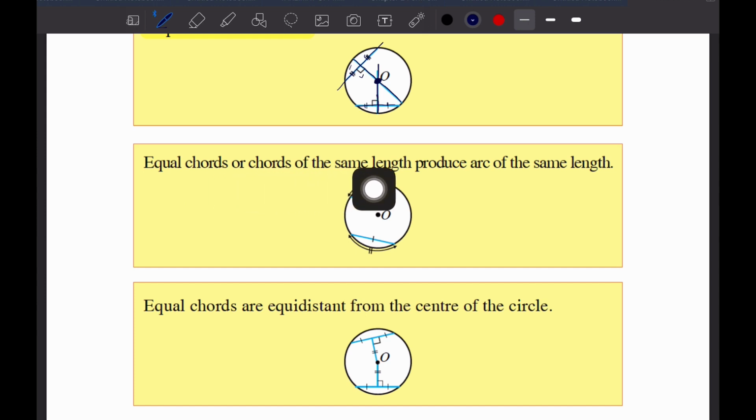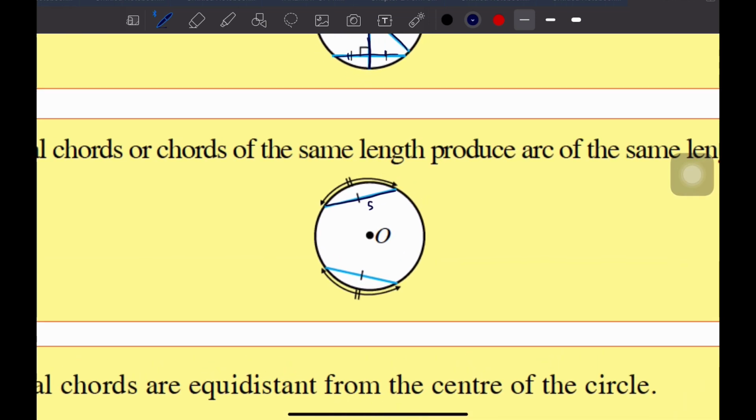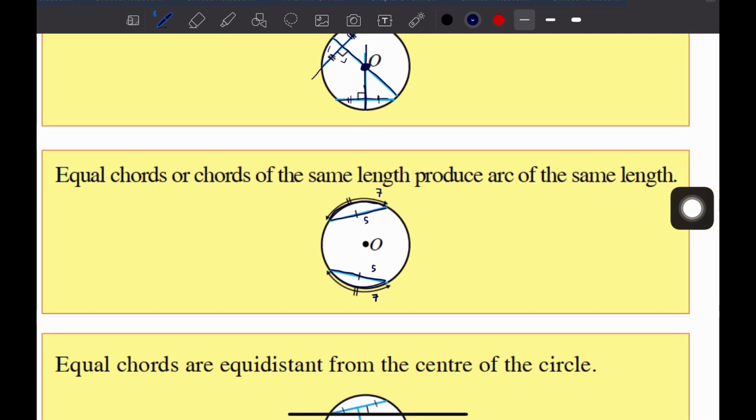Equal chords, or chords of the same length, produce arcs of the same length. Maksud dia, for example, you have this chord of length 5, and you have this arc of length 7. If this chord is 5, it means this arc is 7.